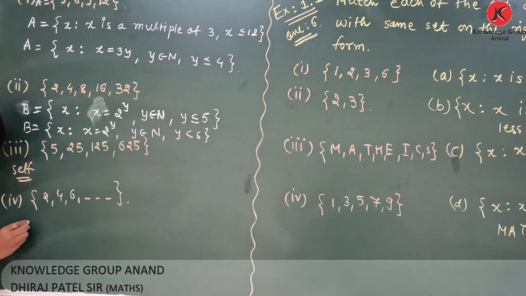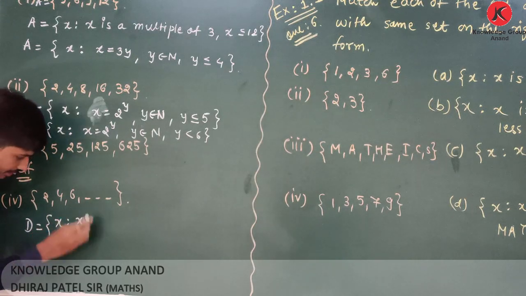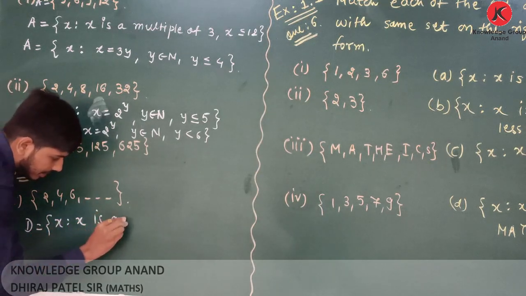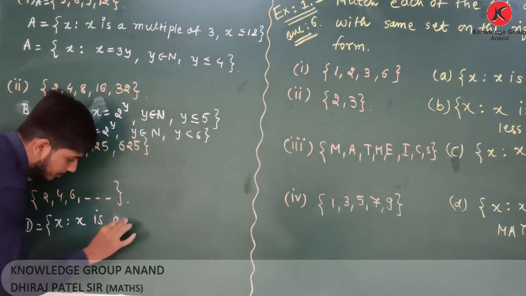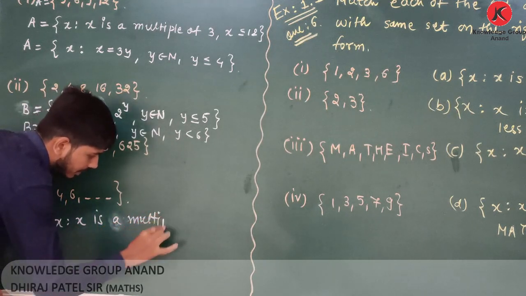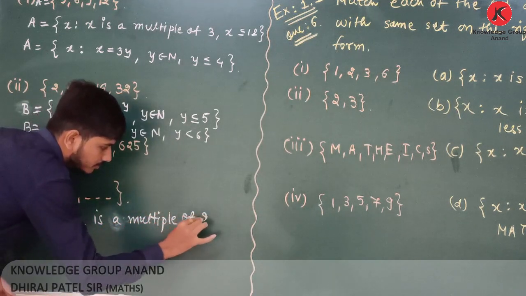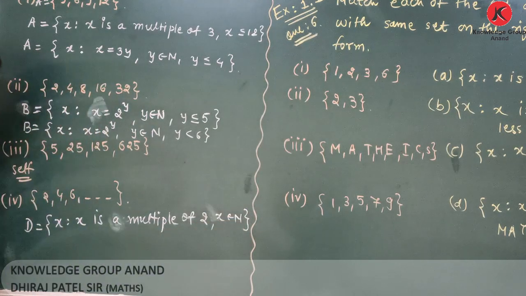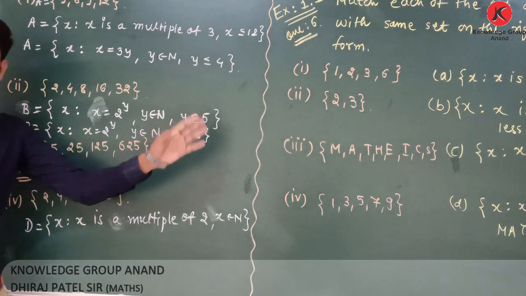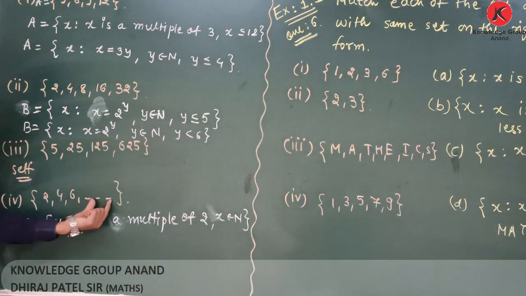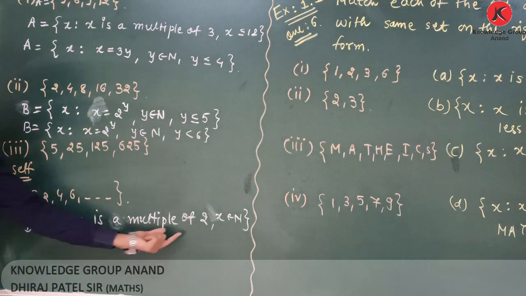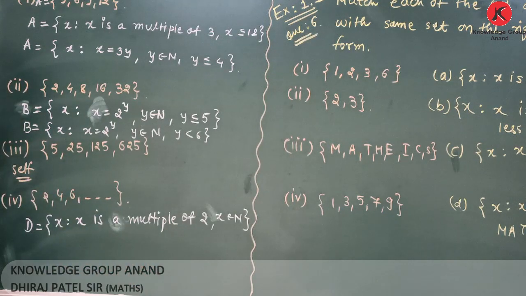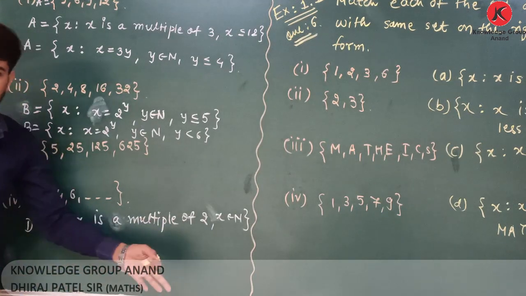Therefore, we can write, I am giving the name set B, x such that x is a multiple of 2, x belongs to N. There are infinite multiples, so there is no need for conditions like x less than 5 or x less than 6.